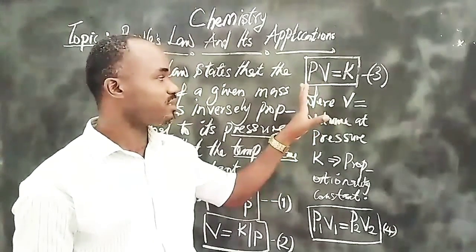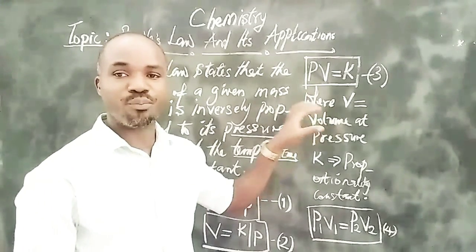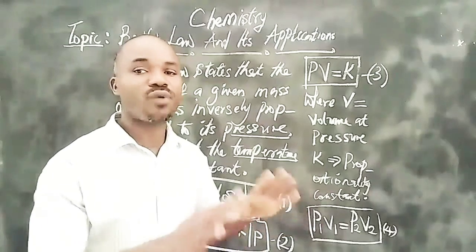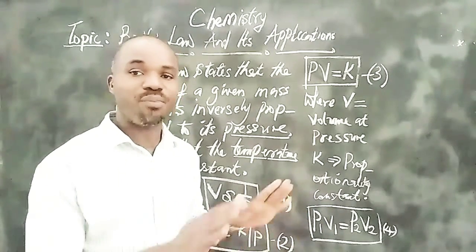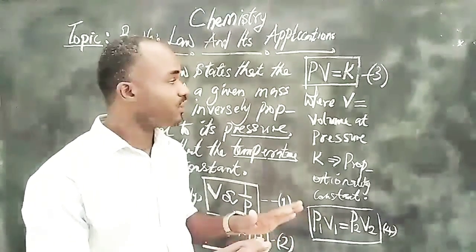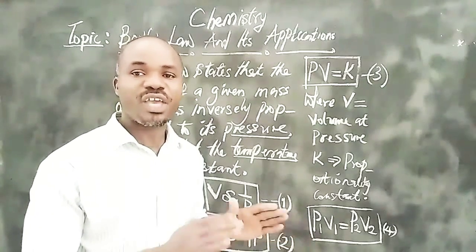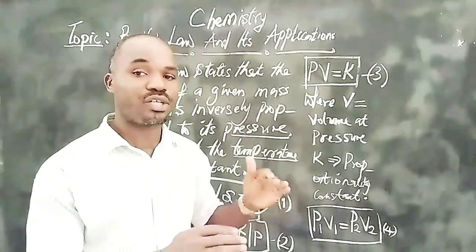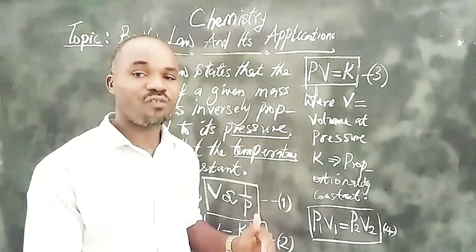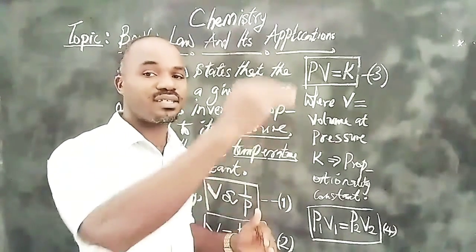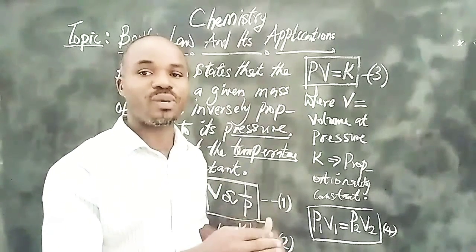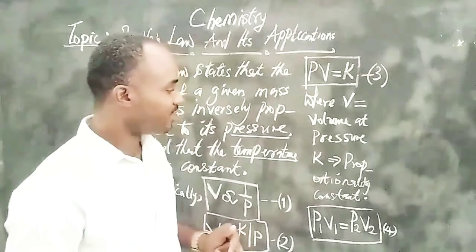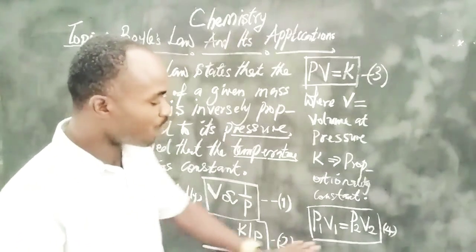What this means is that the product of pressure and volume of a given gas is always constant. The implication is that if the volume increases, correspondingly pressure is decreasing. If the pressure increases, correspondingly volume is decreasing, and vice versa.